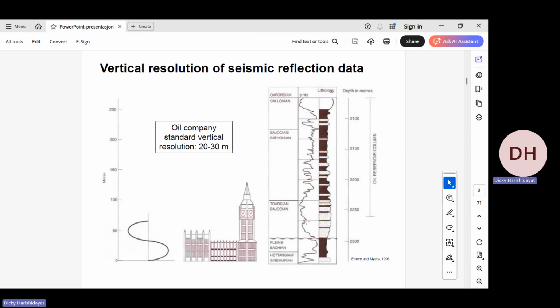And if you compare to the log data, it is much higher resolution than the seismic reflection data. Today the conventional vertical resolution of seismic data is like 20 to 30 meters. That means if you have layers of sedimentary rocks less than 20 to 30 meters, it might be difficult to image on seismic reflection data.